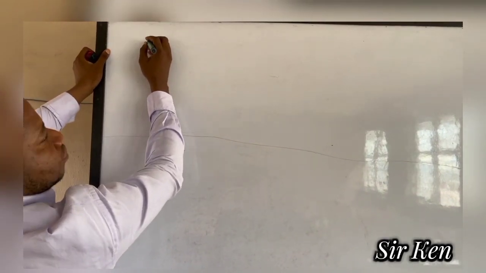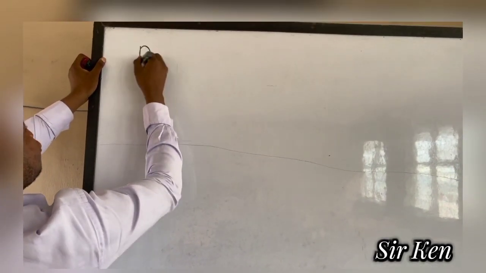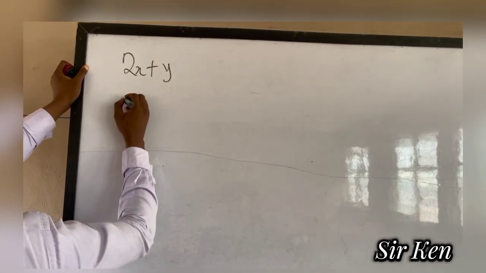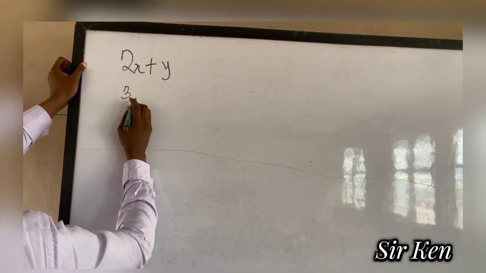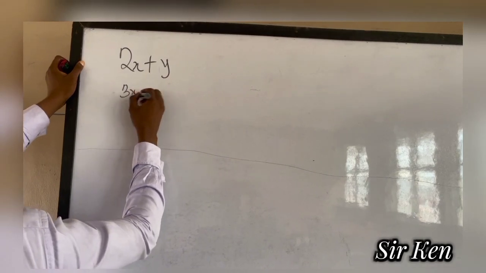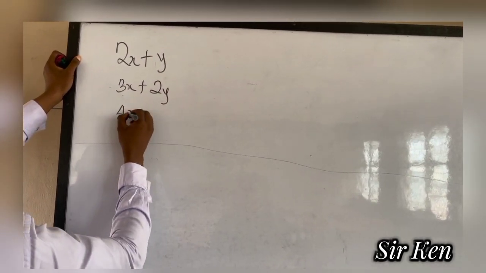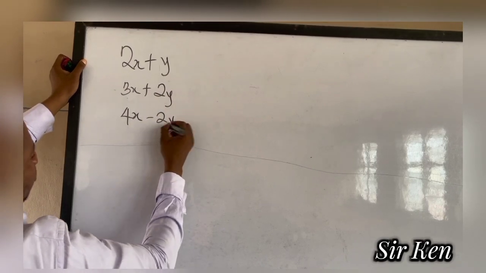Let's say 2x plus y, 3x plus 2y, and then 4x minus 2y.